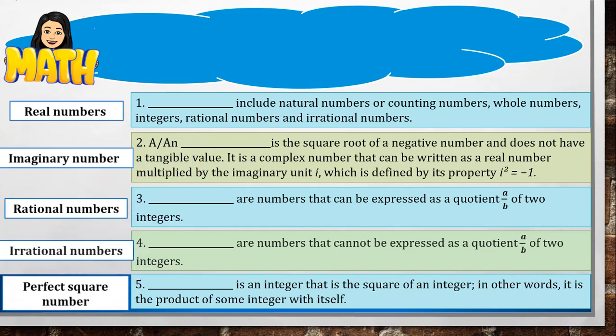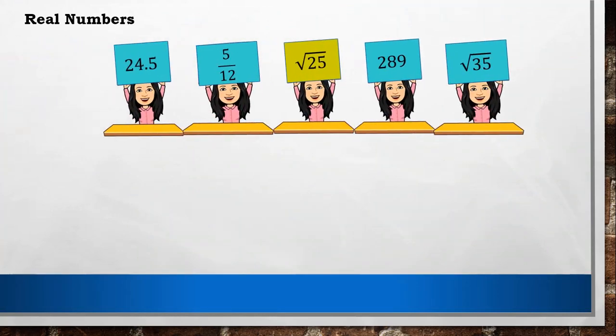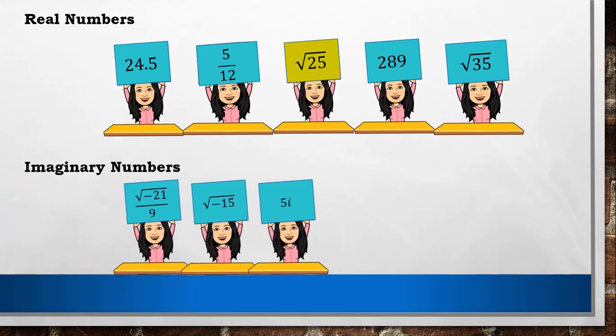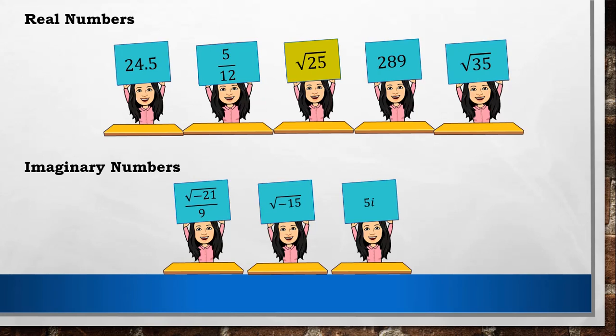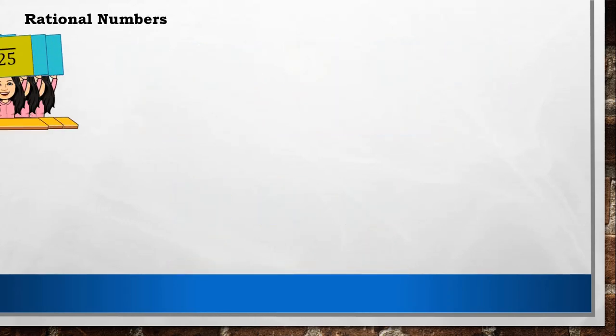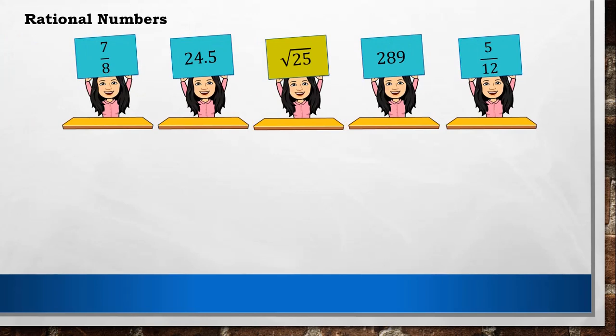So let us have the following examples. For real numbers, we have the following examples. Next, for the imaginary numbers, we have the following examples. Okay, next. For rational numbers, we have the following. These are numbers that can be expressed as a fraction.